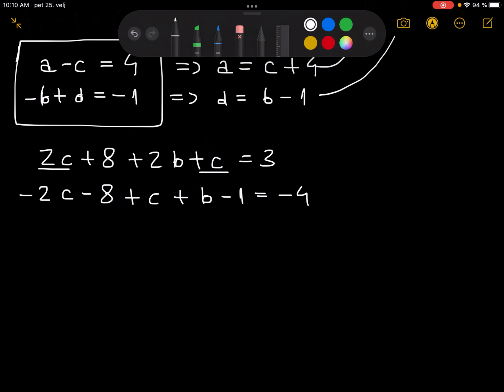So that's 3c plus 2b is equal to 3 minus 8, which is negative 5. And in the second one, we have negative c plus b is equal to negative 9 plus 4, so this must be equal to 5. Okay, so this is equal to 5.